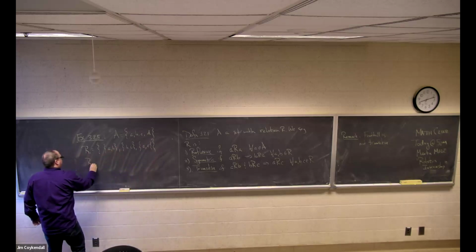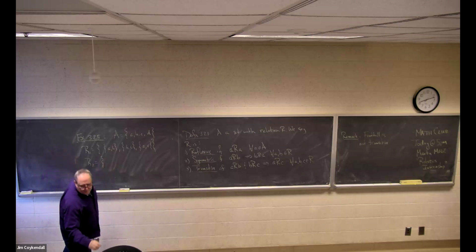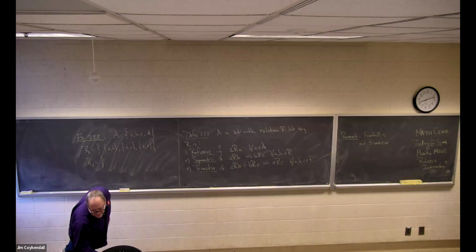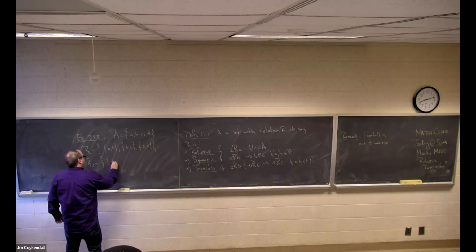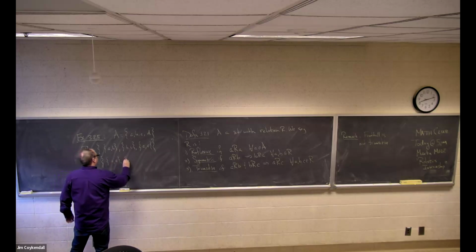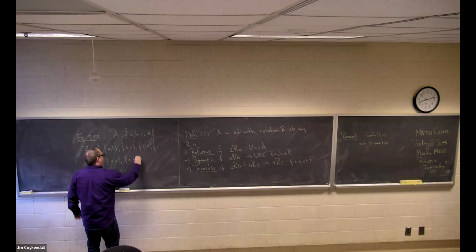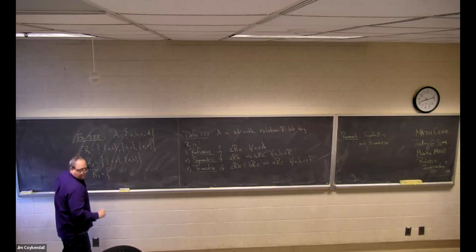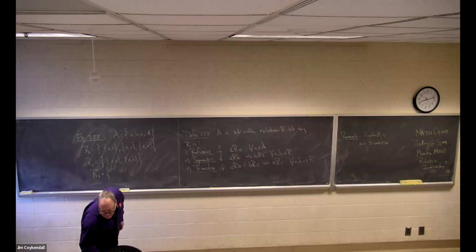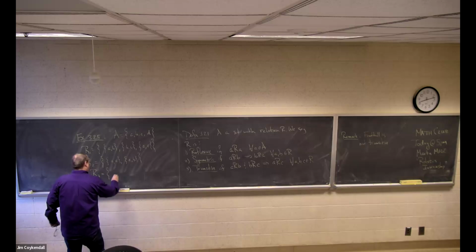And we'll have another relation here: AA, AB. Actually, we have AC, BC.